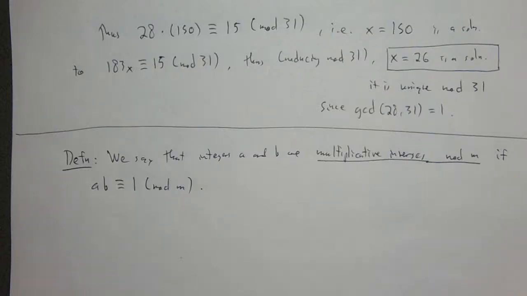Of course, when there's no danger of confusing what it is that's going on here, we don't have to actually specify that they're multiplicative inverses. We could just say that they're inverses.